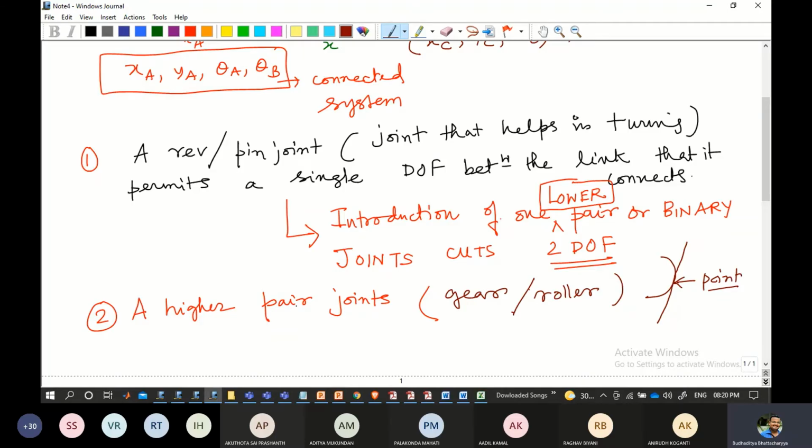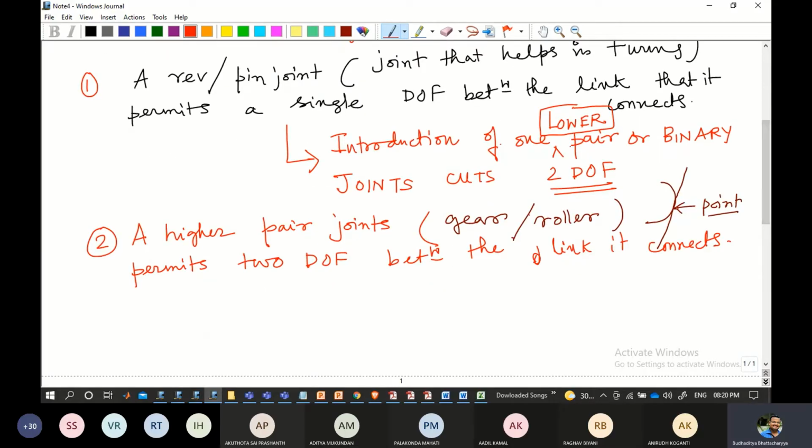So higher pair joints permit 2 degrees of freedom between the links they connect. All right, so this is basically the conclusion.